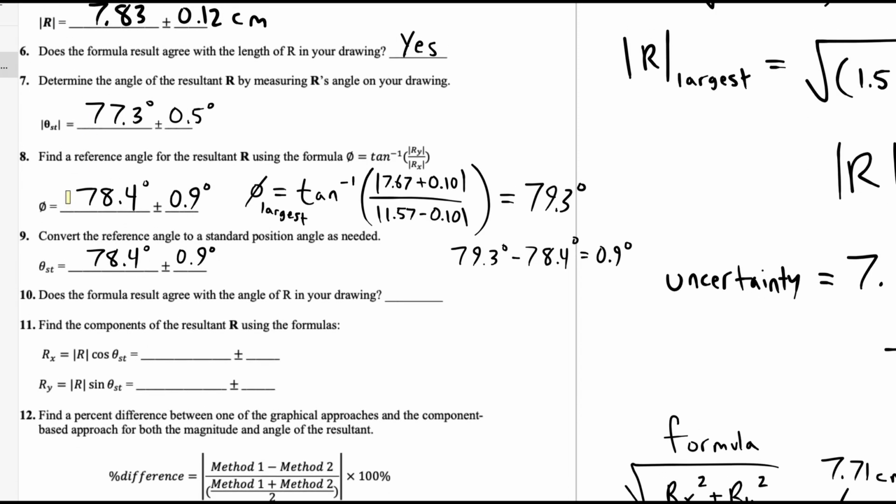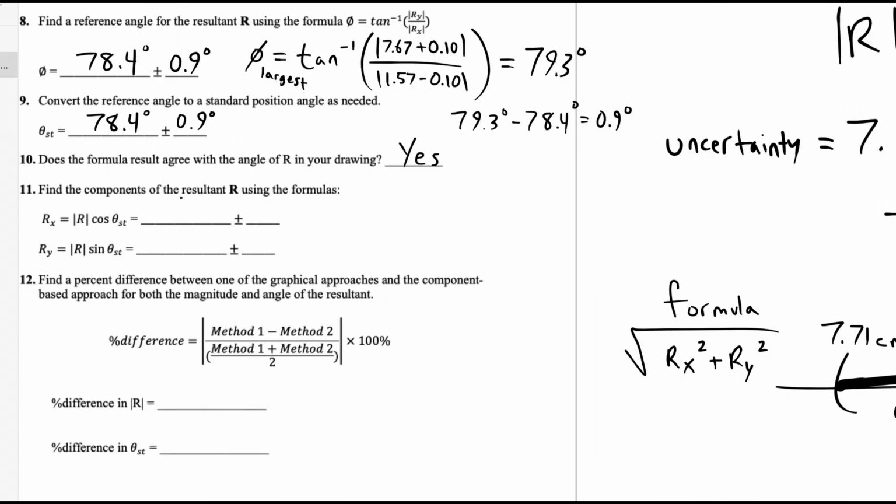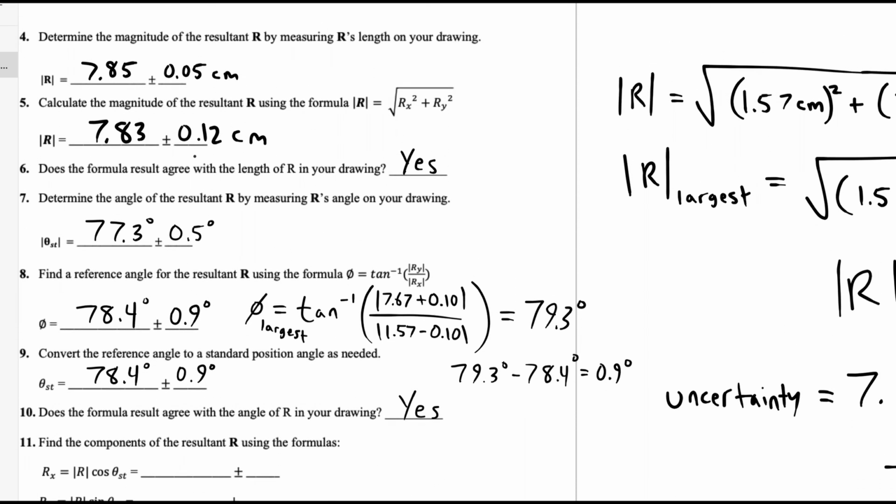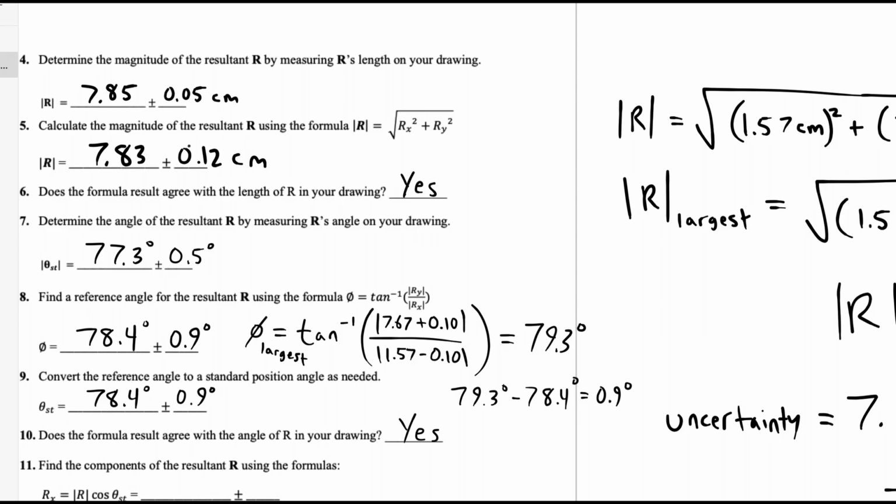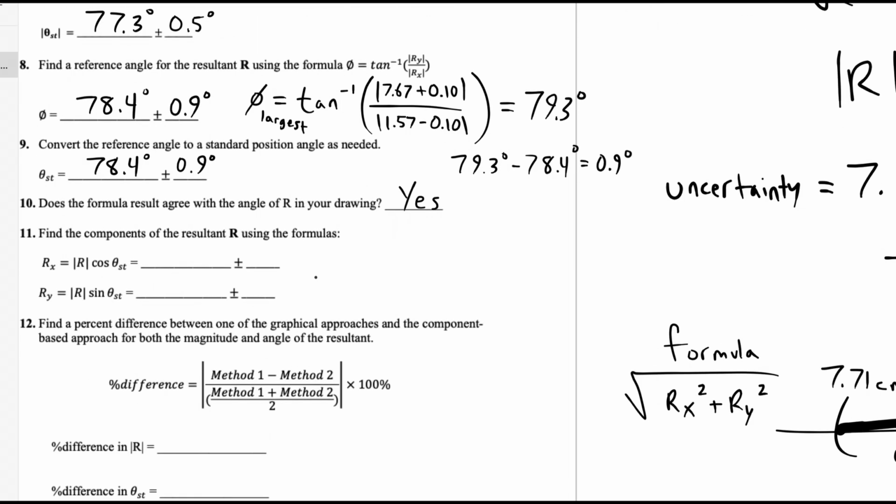Okay, so does the formula agree with the measured result? It looks like the intervals would overlap, yes. Let's find the components of R now using these formulas. So I have a magnitude for R that I had measured, 7.85.